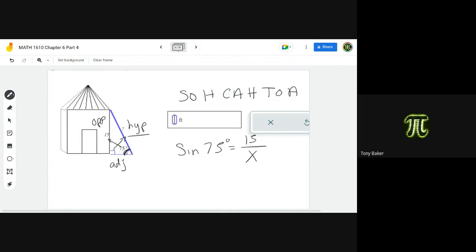When you're typing these into the calculator to get your answer, just switch these two. So x equals 15 over sine of 75. Type that into your calculator to get your answer. And again, make sure you're in degrees.